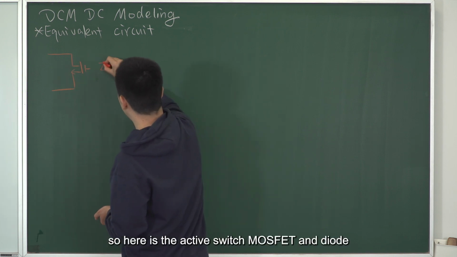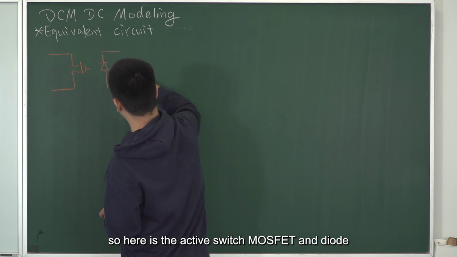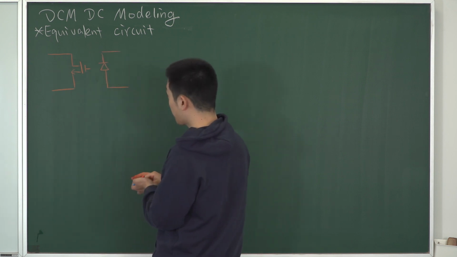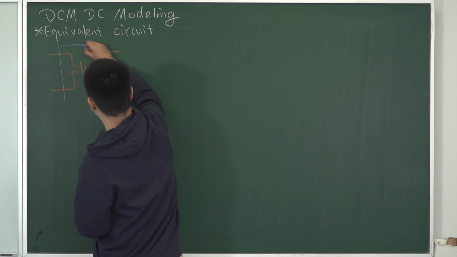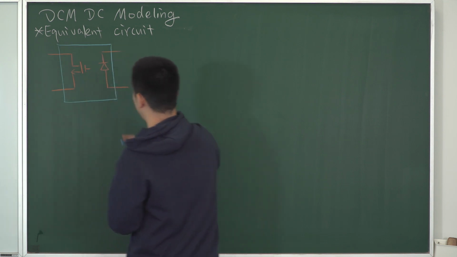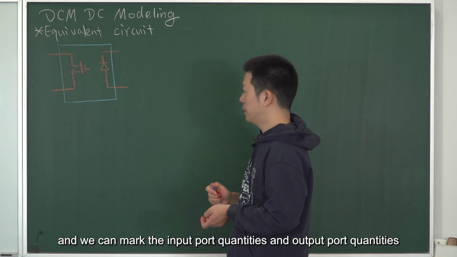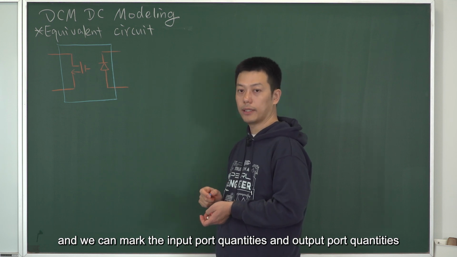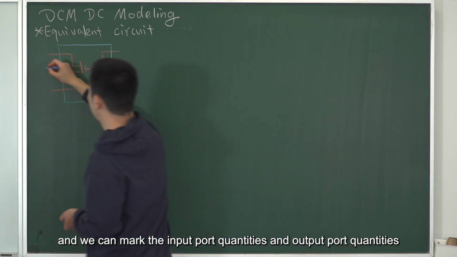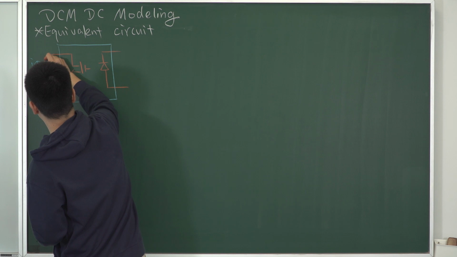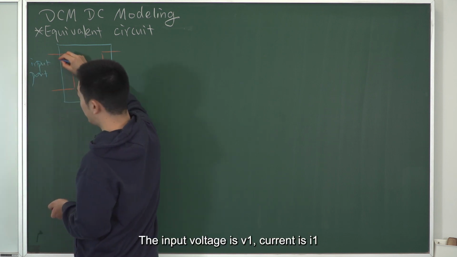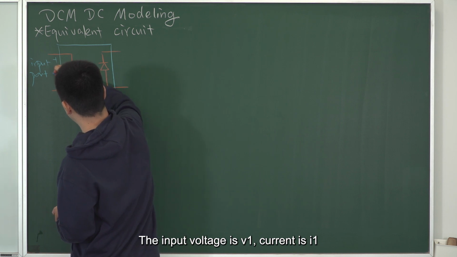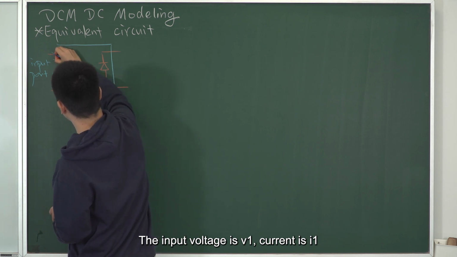So here is the active switch MOSFET and the diode. And we can mark the input port quantities and output port quantities. So input, the voltage is V1, current is I1.